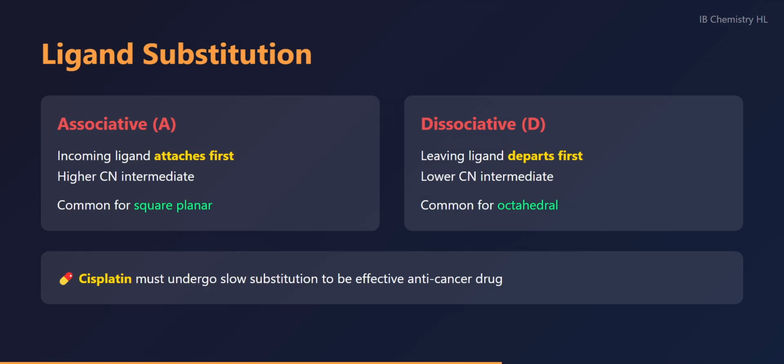The dissociative mechanism involves the leaving group first departing, forming a lower coordination number intermediate before the incoming ligand attaches. This is common for octahedral complexes. Whether substitution proceeds quickly or slowly has important applications. For example, the cisplatin drug must undergo slow ligand substitution to be effective.